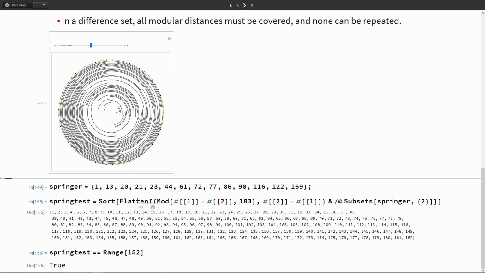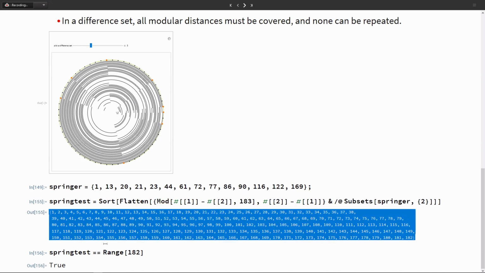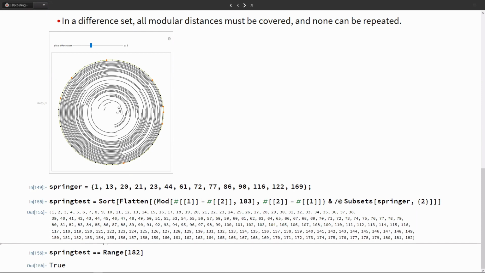We can look at all the possible differences modulo 183, and we get that everything is represented exactly once. We can check that if we do this bit of math and look at the comparison, it's exactly equal to range 182. So it's all the differences 1 to 182.